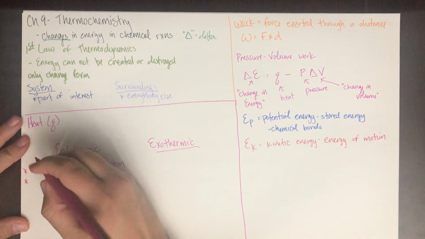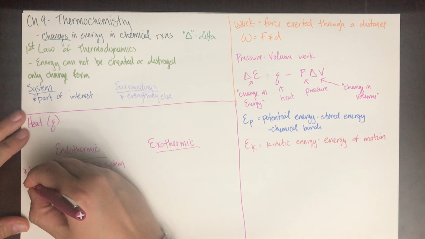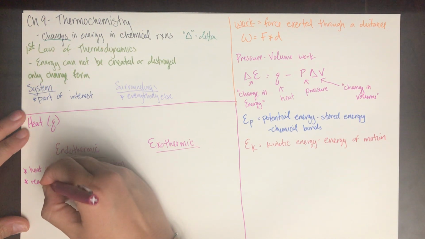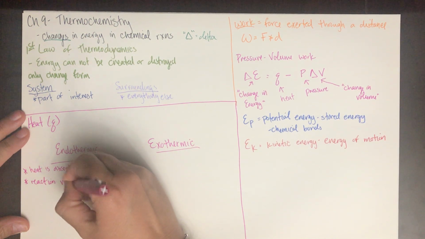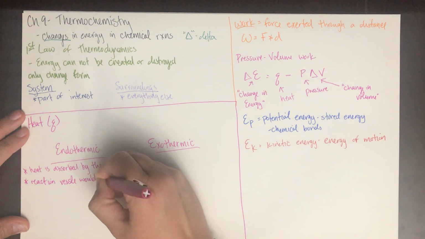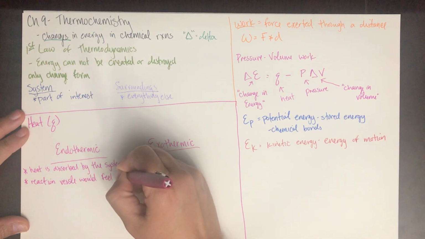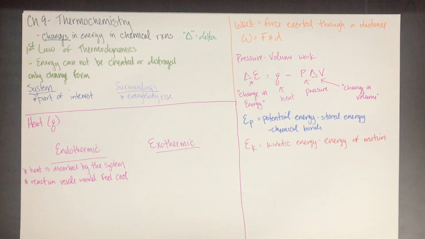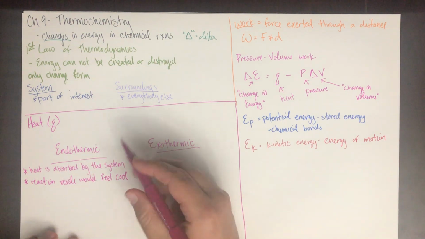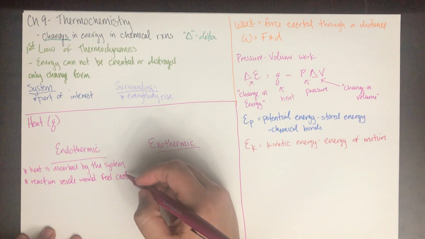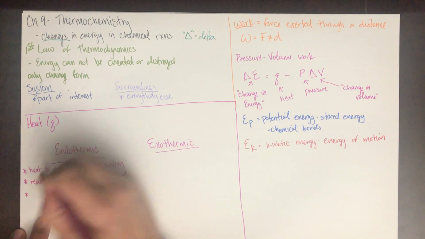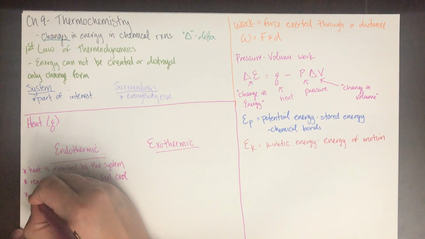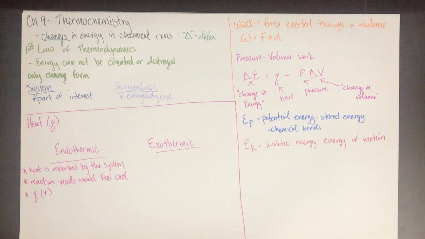If the heat is absorbed, then that means this reaction vessel would feel cool because the heat is being absorbed. In a reaction where heat is being absorbed by the system, that is endothermic, Q would be a positive number. The heat of the reaction would be positive.